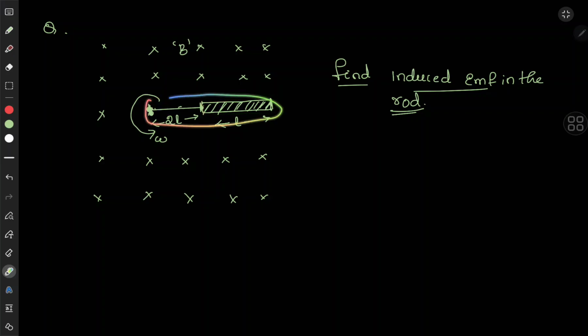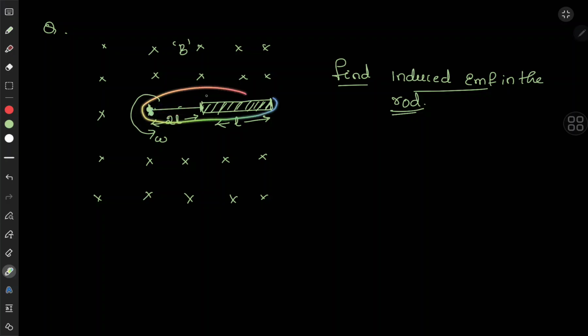First we calculate the total EMF induced by the entire setup, assuming it is a rod, and then we calculate the EMF induced by only this part, and remove it.